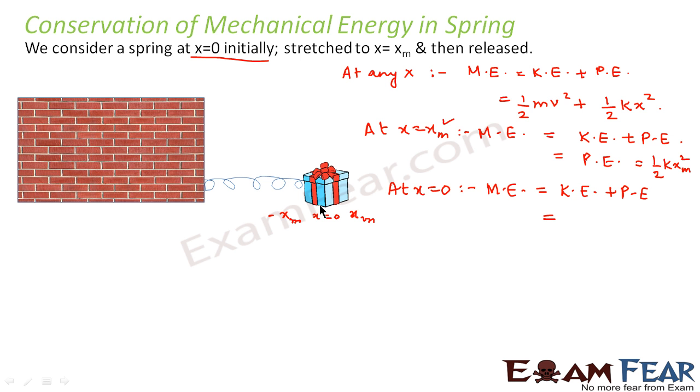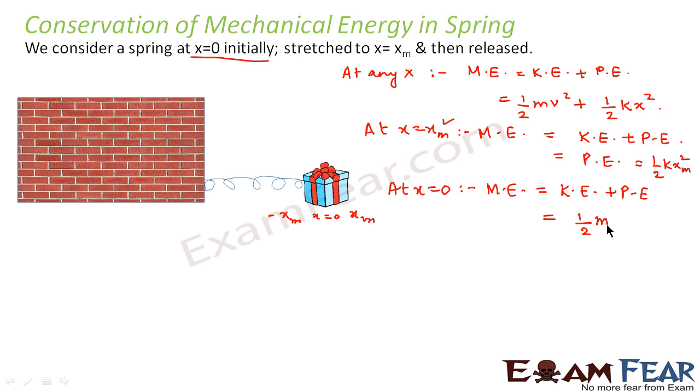Again, when it comes to the center, it wants to move to the other side. So it has maximum velocity. But at this time, it doesn't come to rest or have any change in configuration, even for a short period of time. That means in this case, the potential energy is 0. Right? There is no potential energy due to configuration or change in position. It has only kinetic energy.